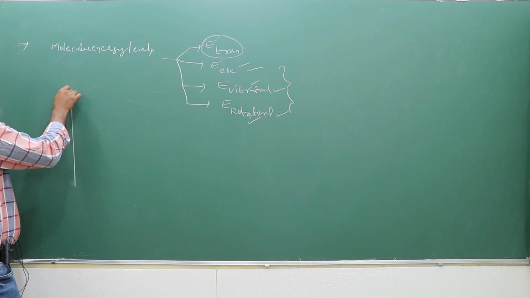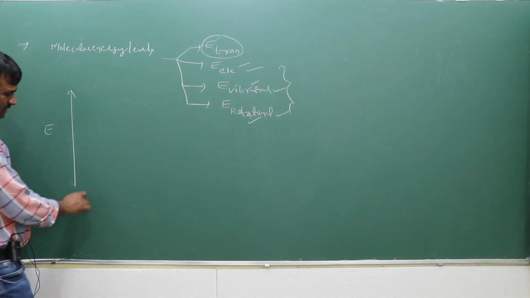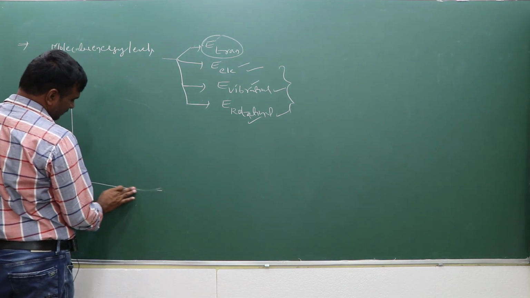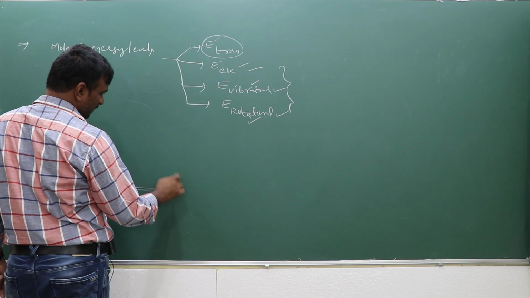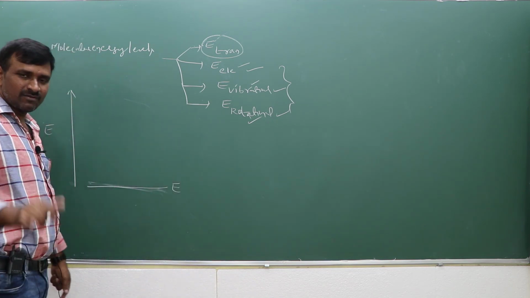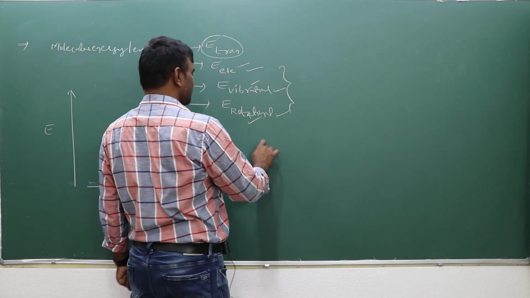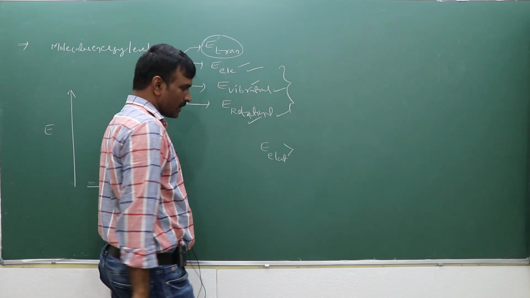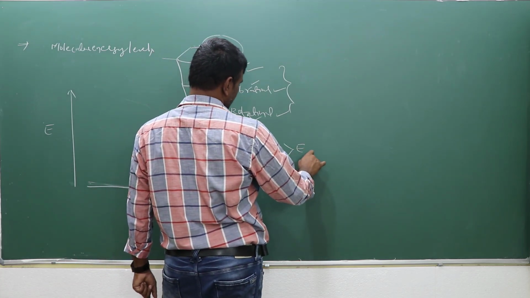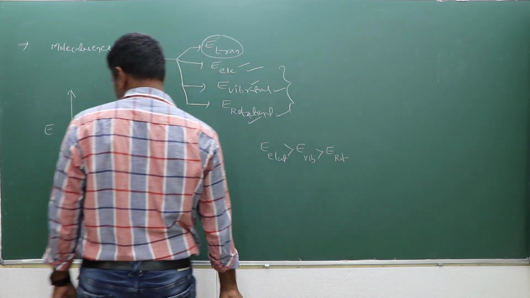So based on the energy of these levels, the electronic energy level gap will be more. The energy of the electronic level is more compared to the vibrational and the rotational.